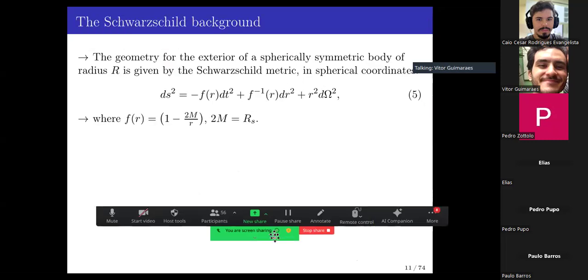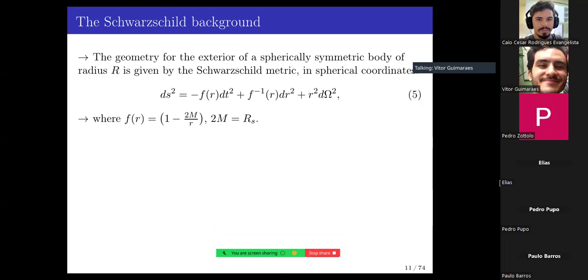So let's take a quick reminder of what the Schwarzschild background looks like. The geometry for the exterior of a spherically symmetric body of radius r is given by the Schwarzschild metric here in spherical coordinates, where this function f is taken as this, and 2m is the Schwarzschild radius.